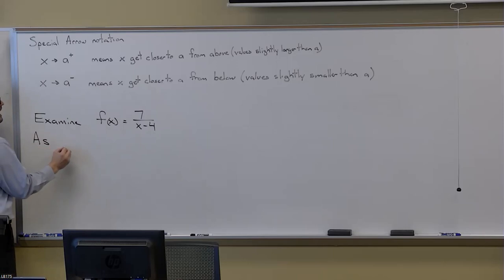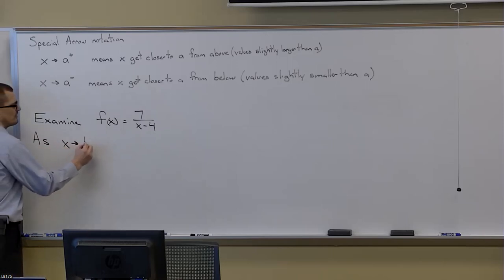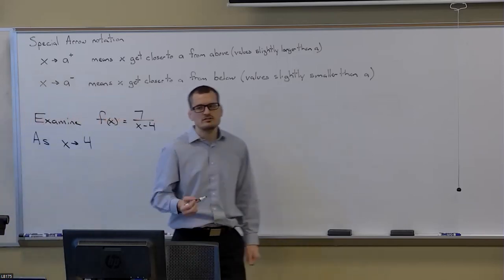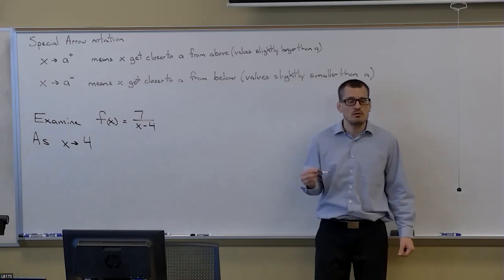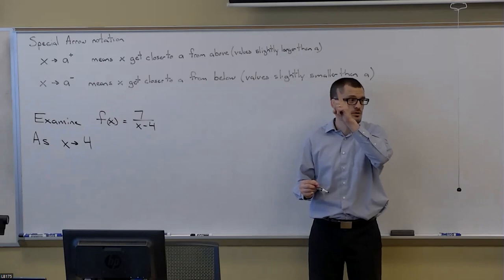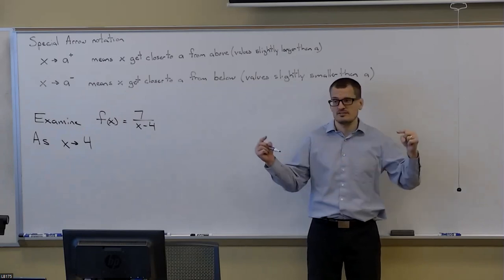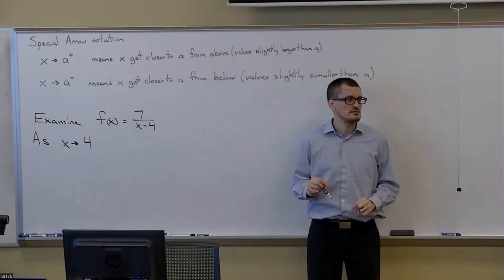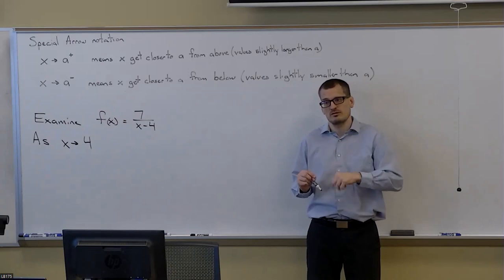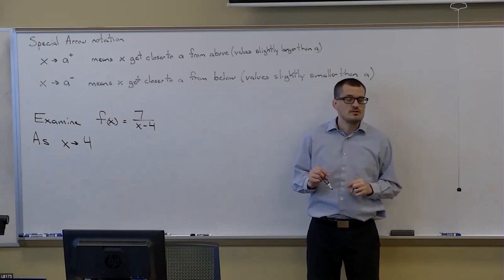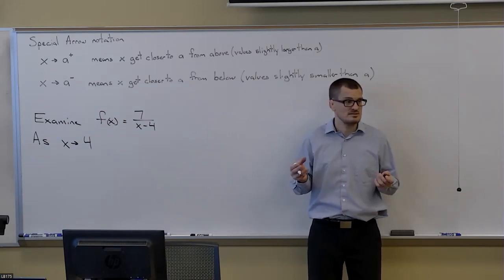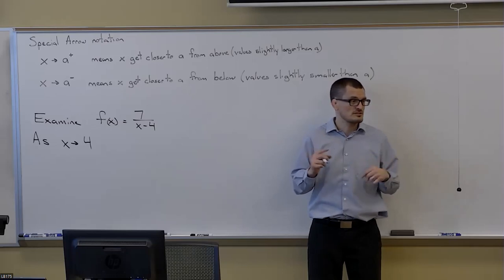If I say what happens as x goes to 4, well, it turns out from one direction it's going off to negative infinity, and from the other direction we're going towards positive infinity. Does that make sense? Because the vertical asymptote has one side going up, one side going down. So as x goes to 4, that's kind of going in 2 different directions.